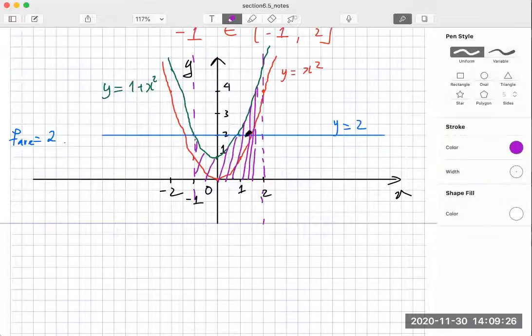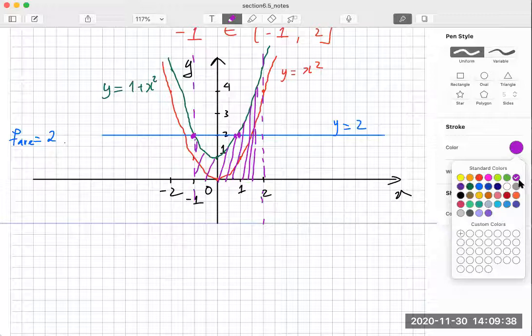And the average value will have 2 intersections. One is here at 1, and the other here is at -1. This is how we can see it in the graph. Okay. So the second example is clear, right? Do you have any question about this?